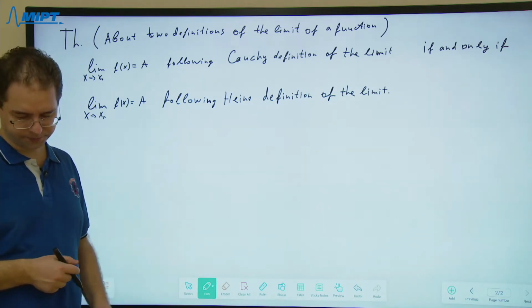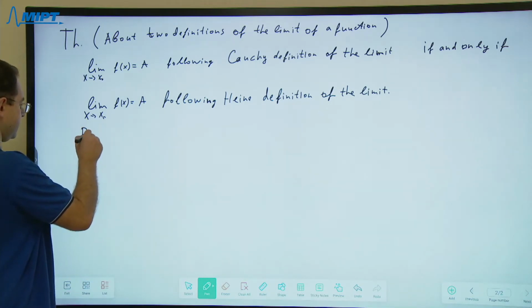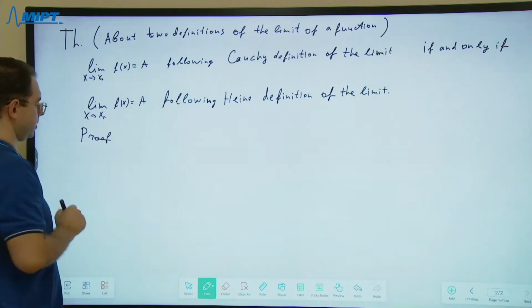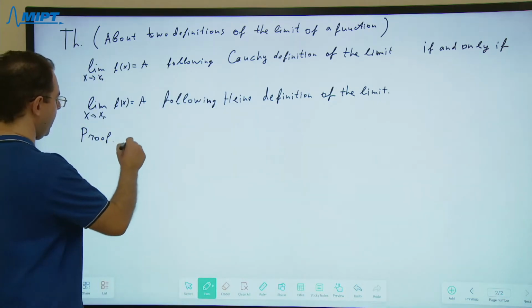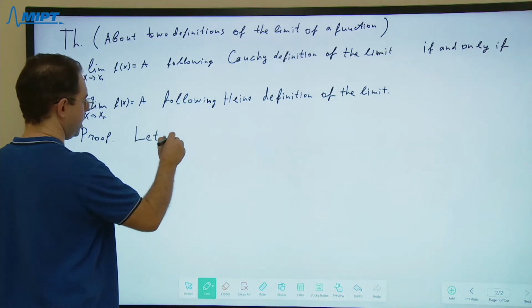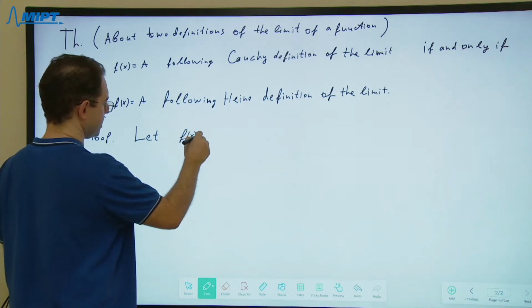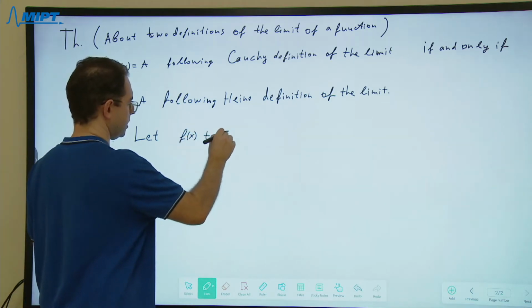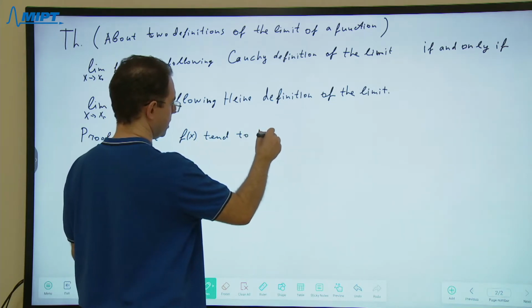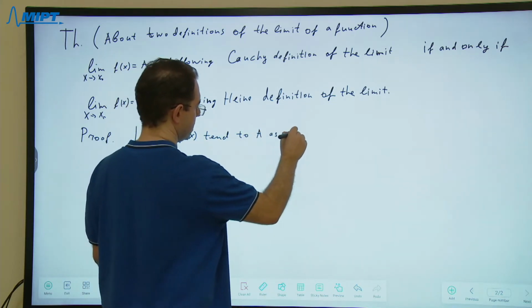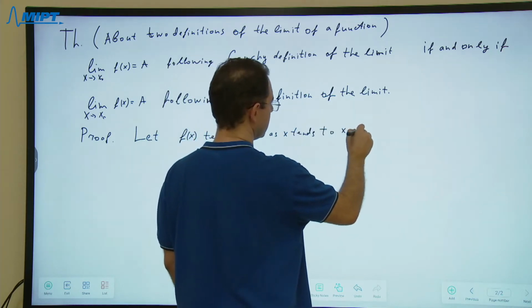Okay. Proof. Let f of x tend to a as x tends to x0 following Cauchy.